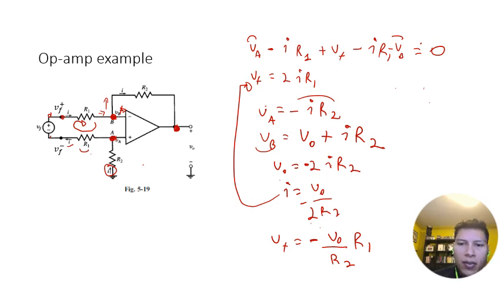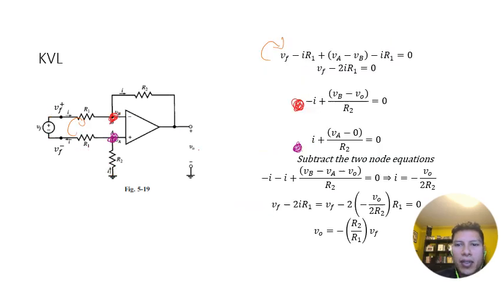Okay, in the next slide, I solved this a little bit more cleanly. So let's go through it. Like I said earlier, you can go through this loop equation. So you have a voltage drop from here to here of R1 times I, and then you have a voltage increase from here to here of VF.